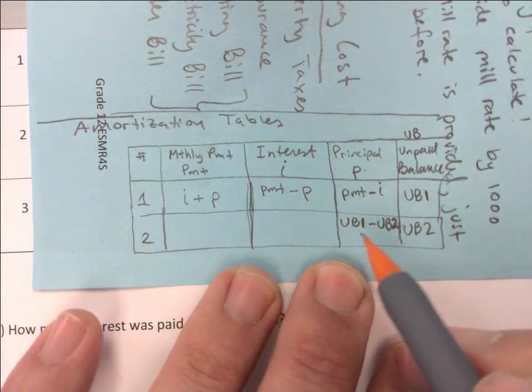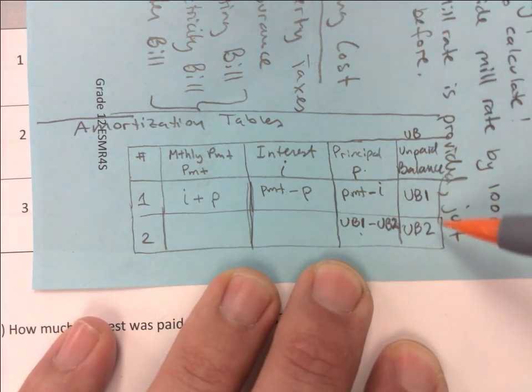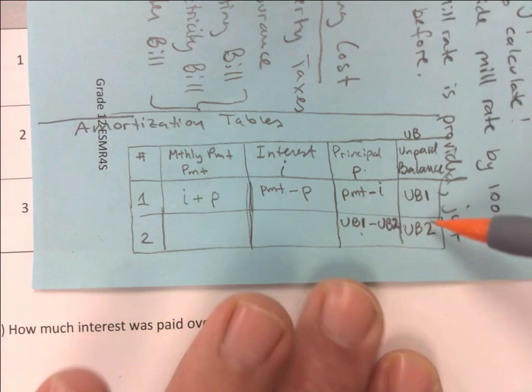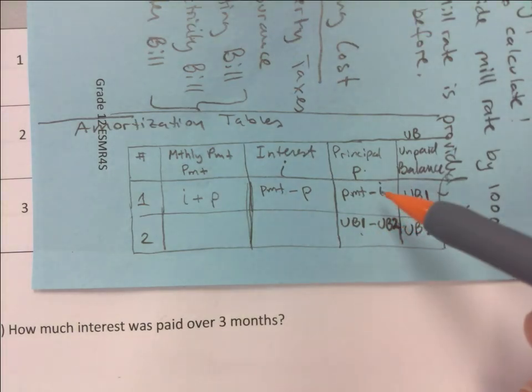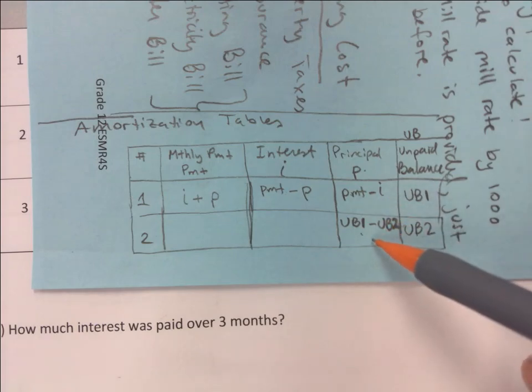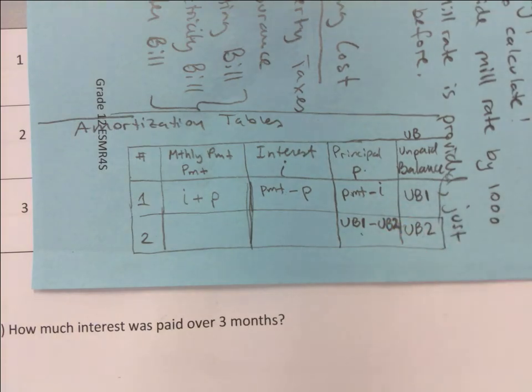So that's sometimes what you need to do. You subtract these two to find how much did I go down by. So unpaid balance 1 minus unpaid balance 2, if you subtract them, you get this. That's why I would have two rows, because sometimes you need to resort to this one, sometimes you need to resort to that one. It depends on how much information is given.